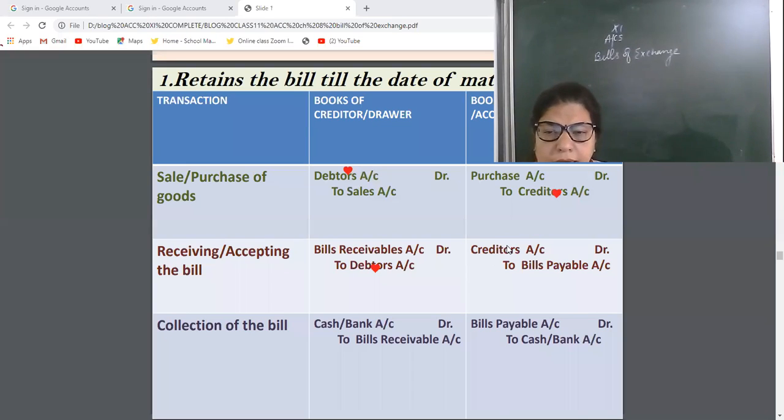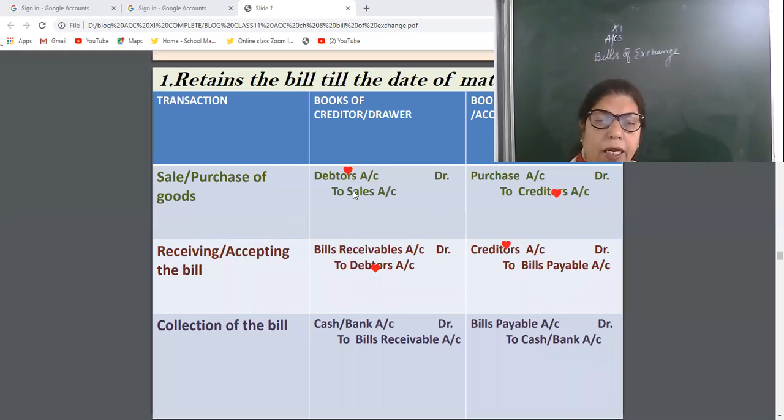Now, the creditor's account debit to bills payable. That creditor who was credited earlier will now become the receiver, that's why debited, and in payment, bills payable is what is going out. See, my dear children, for the drawer, that is always bills receivable, and for the drawee, that is always bills payable. Now, why?